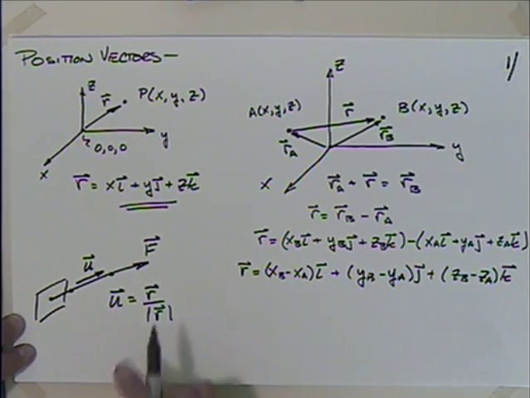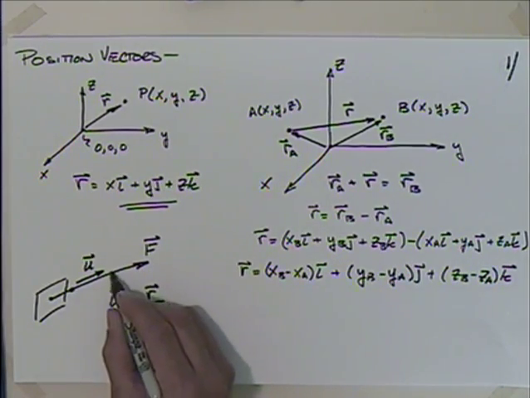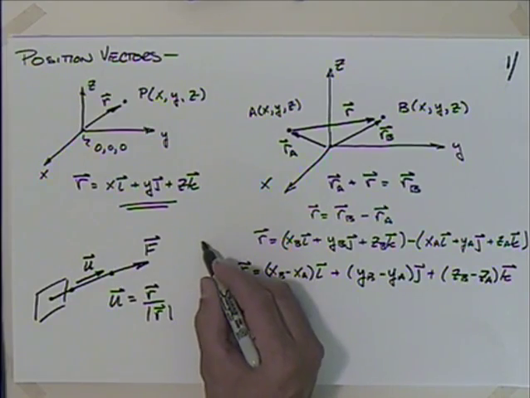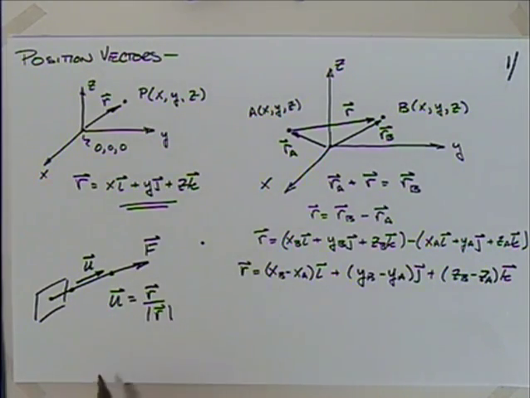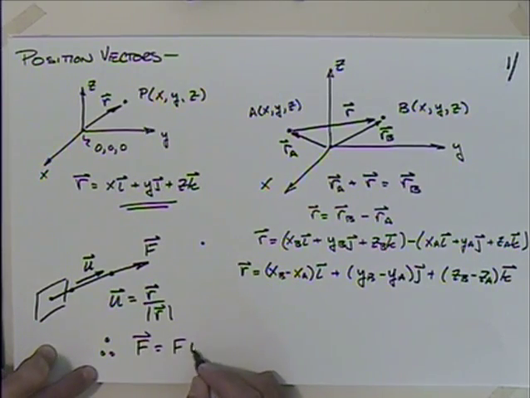define the force F. So if we know a couple points along the line where this F is acting, or maybe even a point out here, we can define the position vector and use that position vector to define the unit vector. We can say then that the force vector F is equal to its magnitude times the unit vector.